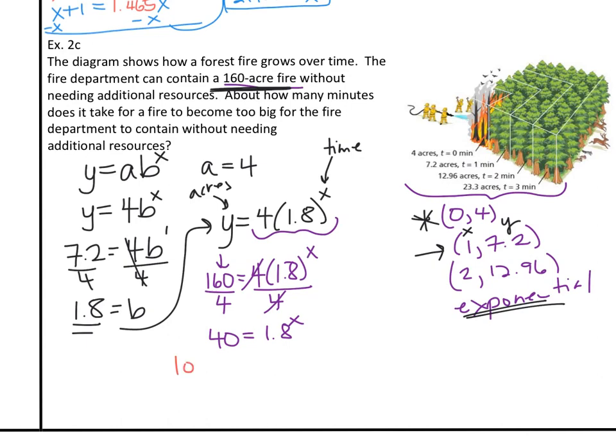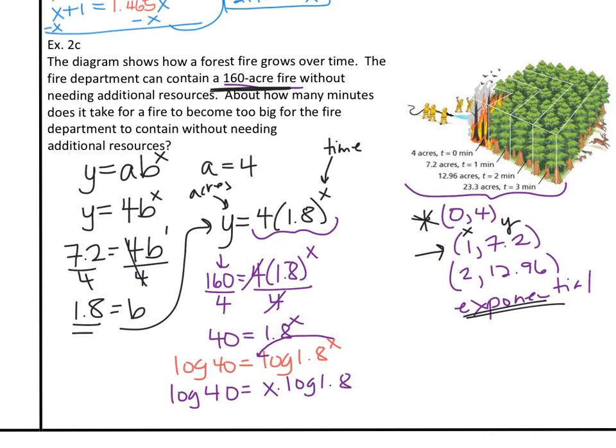If we do that, it just kind of saves us a step. Once you logarithm each side, you can take the exponent and put it out in front. And that would give us log 40 equals x times log 1.8.